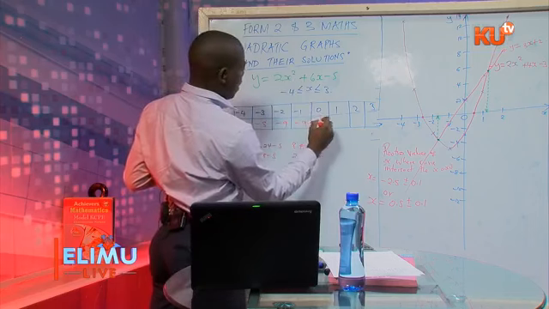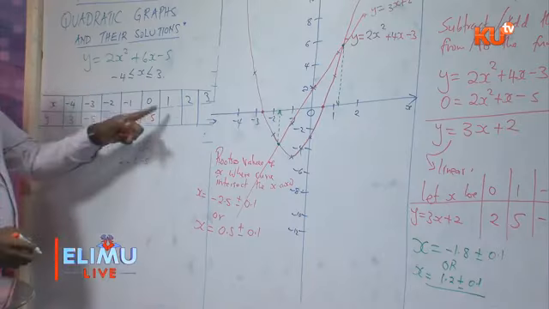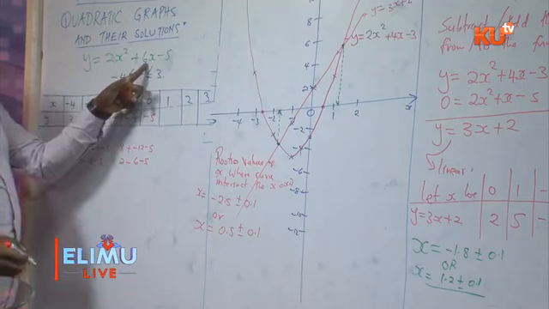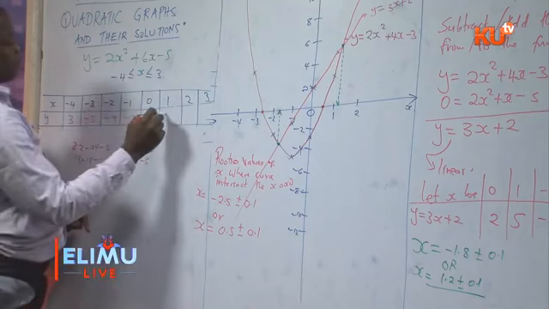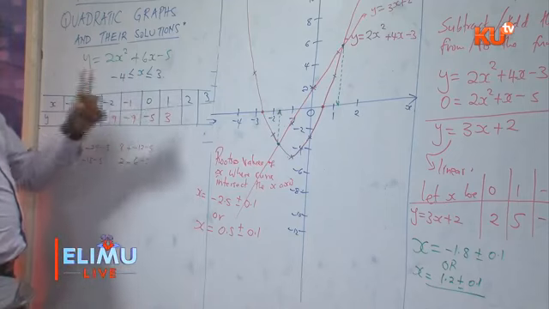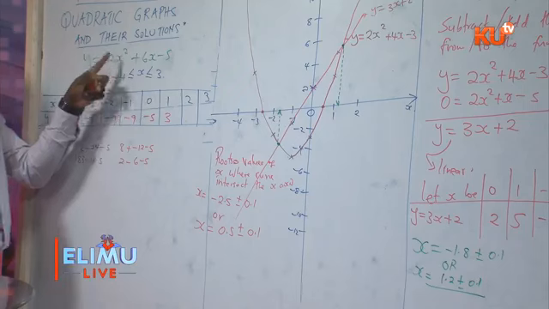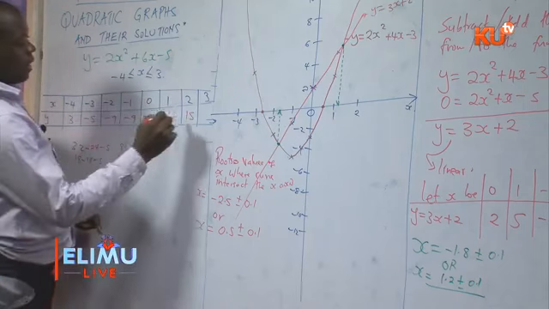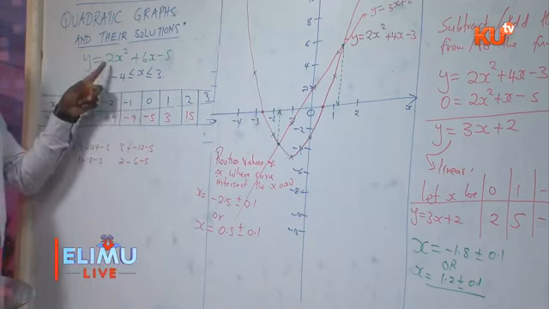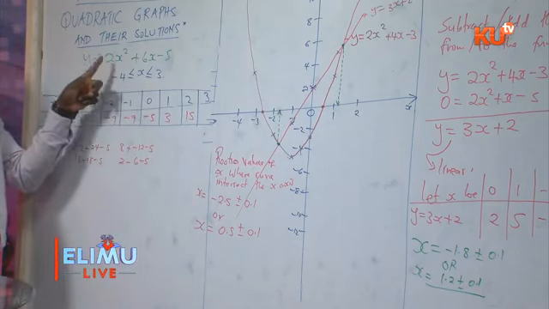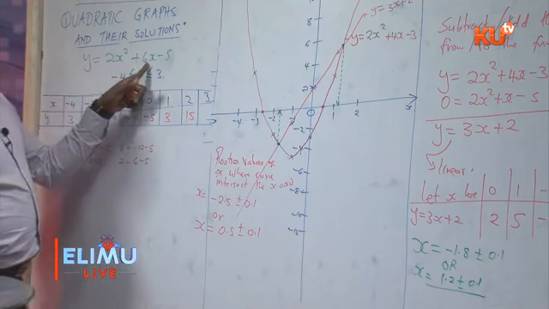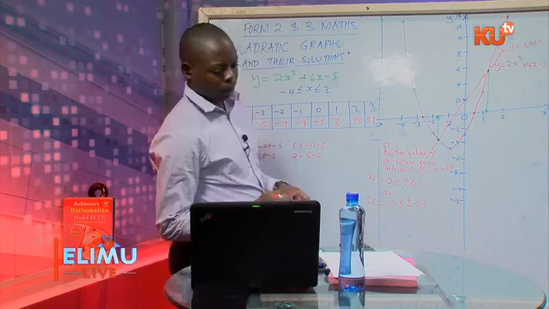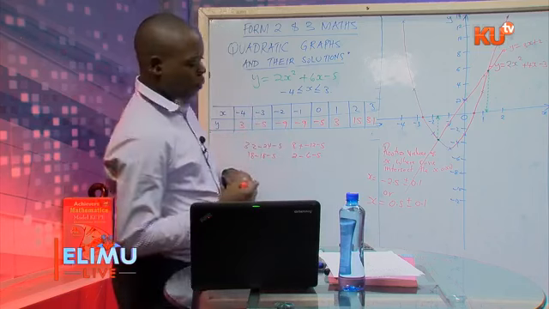This is 0, 0, negative 5. When it is 1, this is 2 plus 6, 8 minus 5, 3. When it is 2, this will be 8, 8 plus 12 is 20, minus 5 is 15. And when it is 3, this is 18 plus 18, which is 36, minus 5, which is 31. So those will be the values of y.